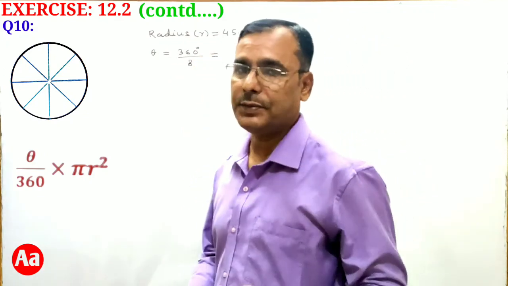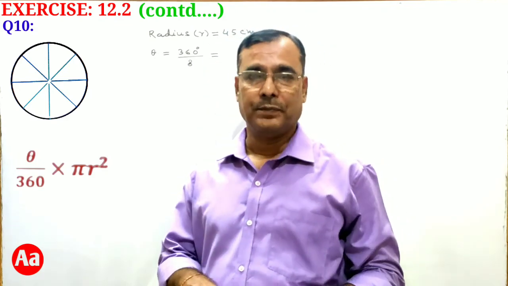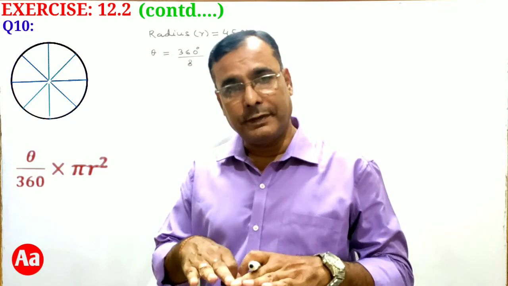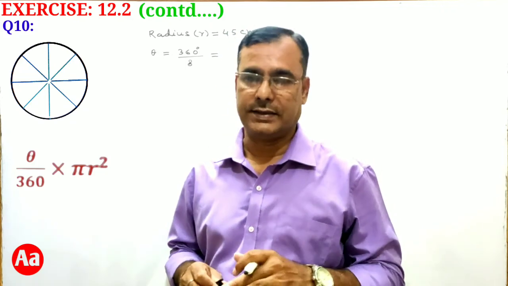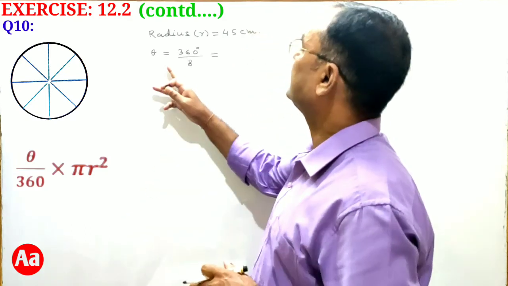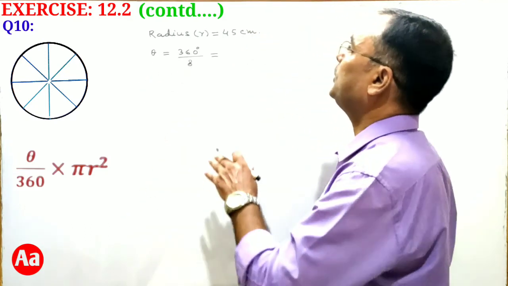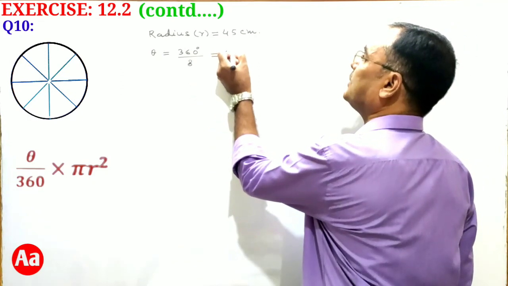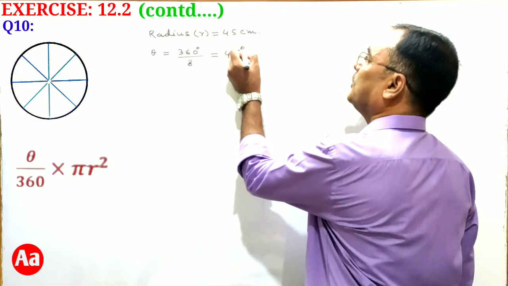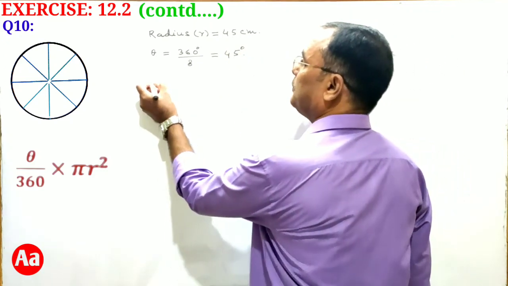Because 8 ribs of the umbrella divide the umbrella in the flat circular form into 8 equal parts. So this sector angle theta will be equal to 360 degrees divided by 8, and this is equal to 45 degrees.